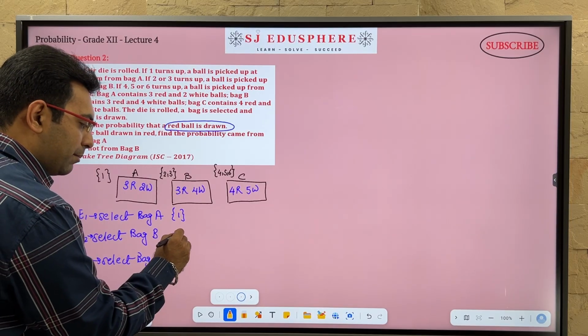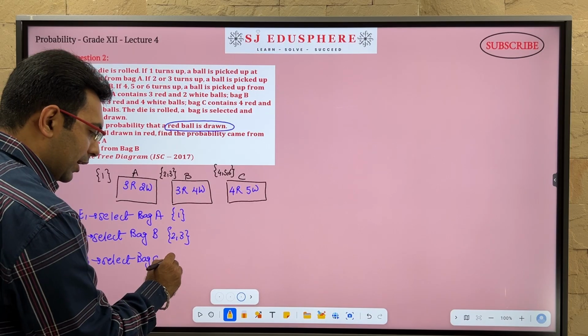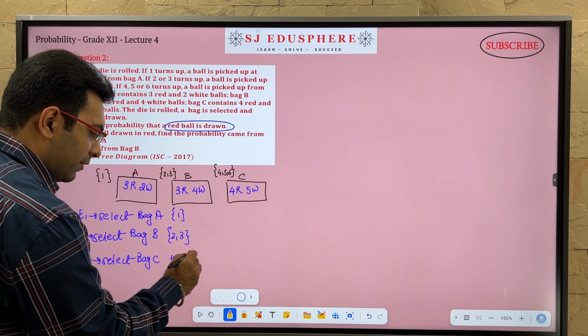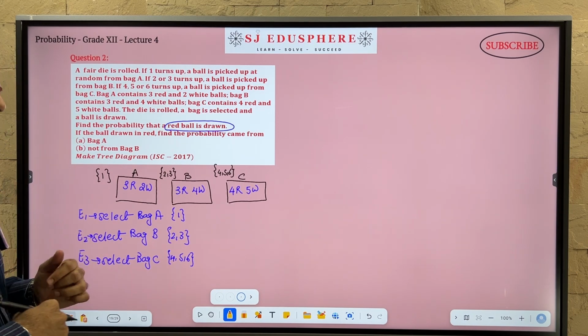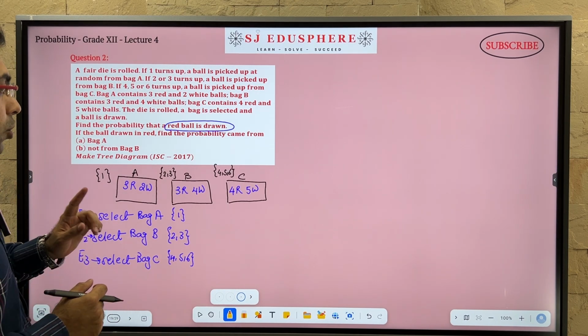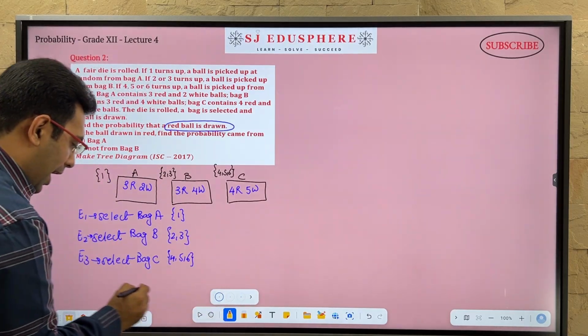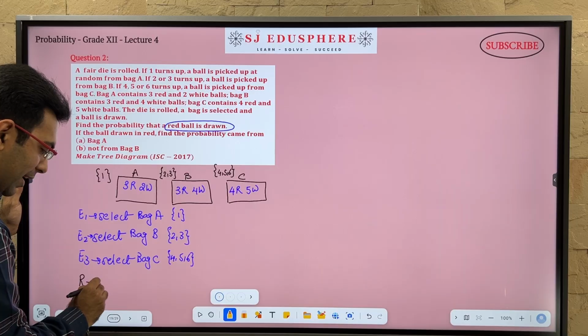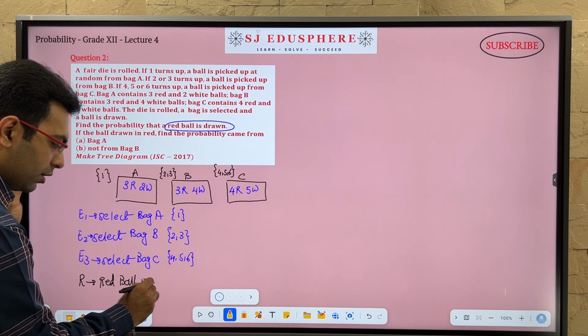You will get bag B when you get 2 and 3. You will get bag C when you get the number 4, 5 and 6. Okay. So first you select the bag. Then your interest area is to get a red ball. So I am defining R as an event that a red ball is drawn.